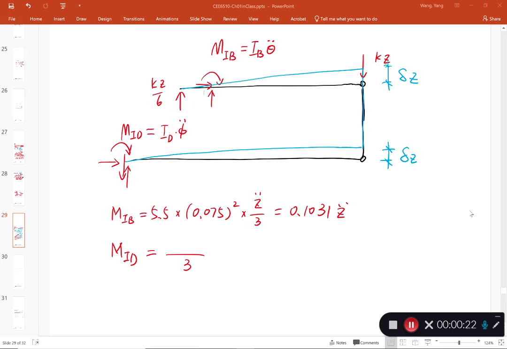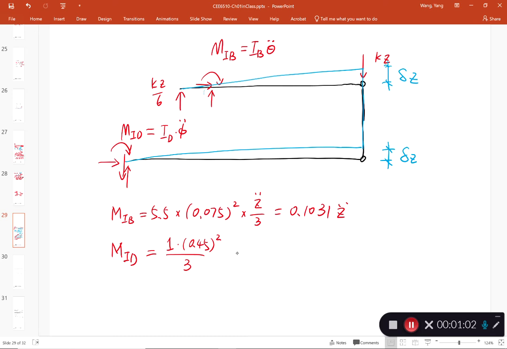We're discussing the inertial moment at D from this horizontal bar DEF. So about D, we have the mass of that component, which is 1 kilogram. Okay, DF is 1 kilogram, multiplying the length 0.45 meter squared, divided by 3, because we're using the mass moment of inertia about the left end.